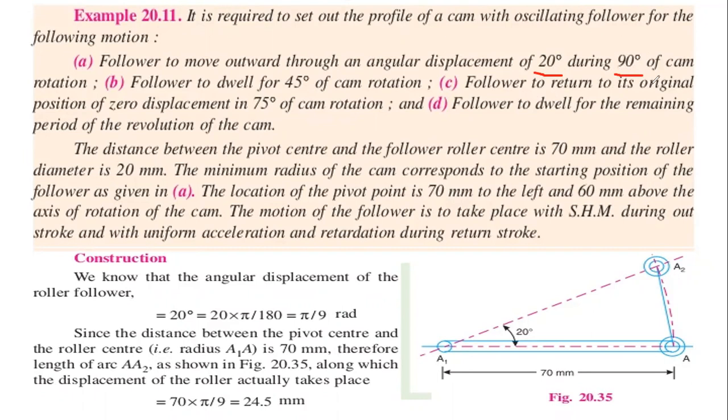Next, the follower is to dwell for 45 degrees of cam rotation. So in the next 45 degrees, it is the dwell period. Third, the follower is to return to its original position of zero displacement in 75 degrees of the cam rotation.